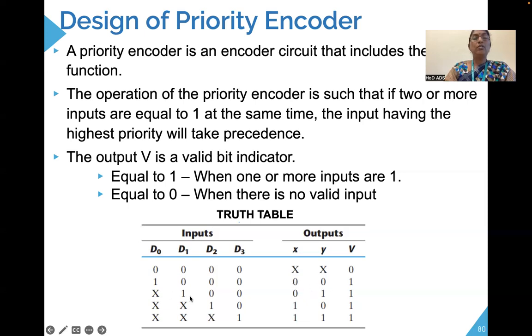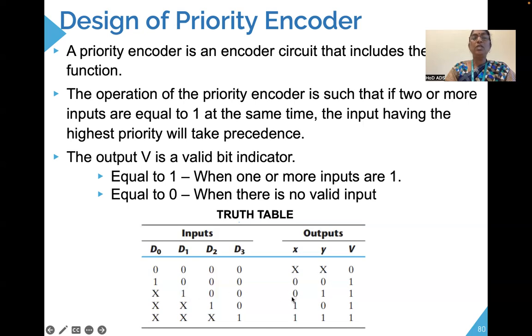And then X 1. What does this X mean? For example, if D0 is 1, all the other inputs are going to be 0. For the next input, D1, when you compare D0 and D1, D1 has the higher priority than D0. So we will not consider D0, whatever it may be; we give the preference only to D1.